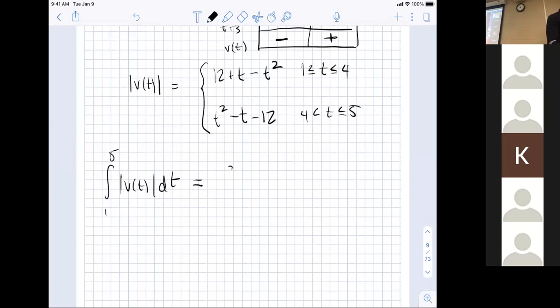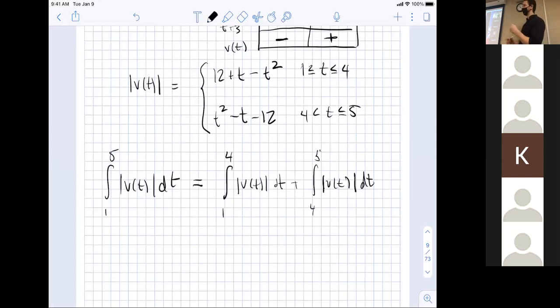Perfect. I need to look at it as the integral from 1 to 4 of the absolute value of v of t dt, plus the integral from 4 to 5 of the absolute value of v of t dt, because at 4, that's where things switch, right?